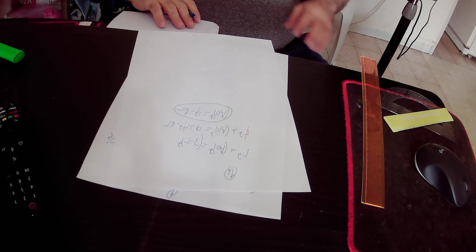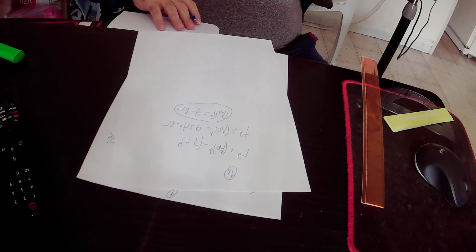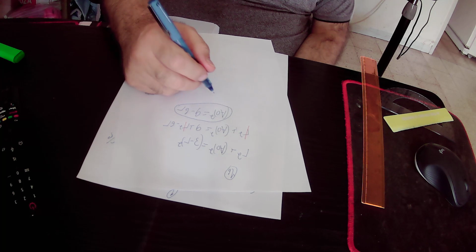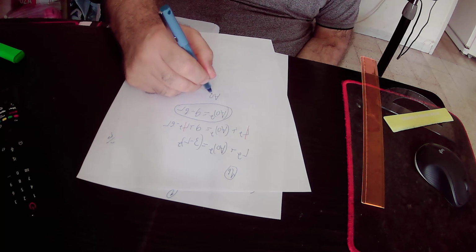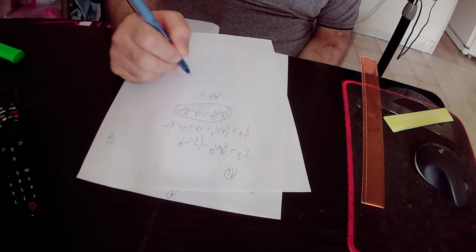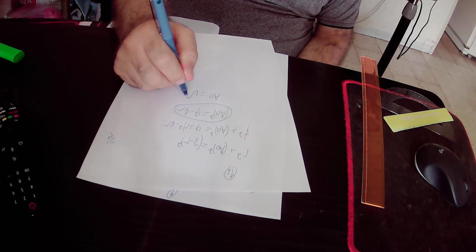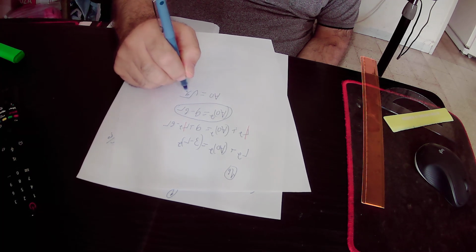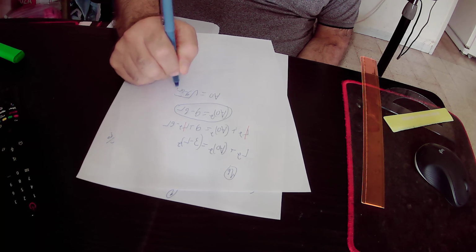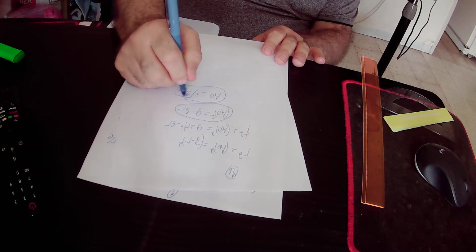Here we will take a root out of this equality, and we will get that the value of AO equals the root of 9 minus 6r. We found out the value of AO.